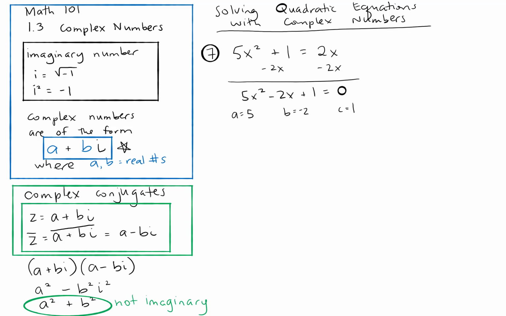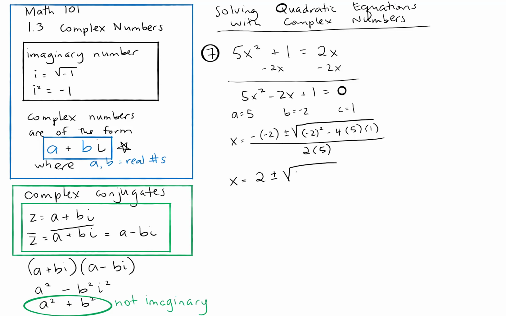And that's going to be x is equal to negative b plus or minus the square root of b squared minus 4ac, all over 2a. And we're just going to simplify this until we get to something. That becomes a positive 2 plus or minus the square root of 4 minus 20 all over 10.